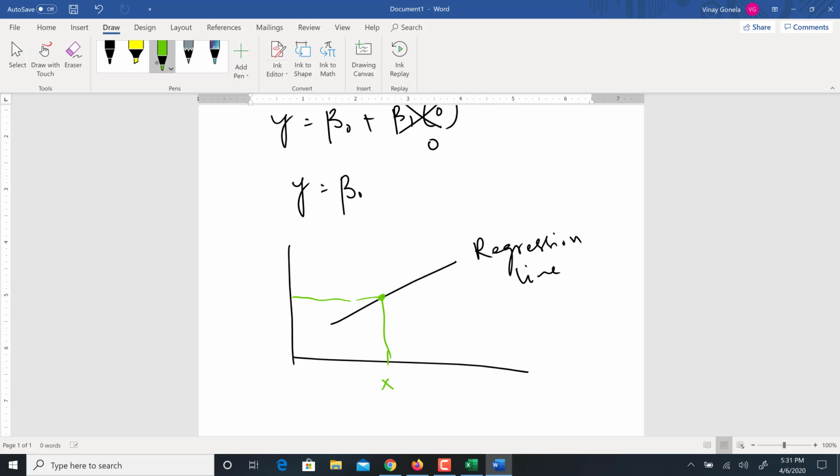For each x value, suppose this is x1, this is x2, y would be this. All the points used in prediction fall on that line. This line comprises points, so all estimates, whatever you are estimating, will fall on the line.